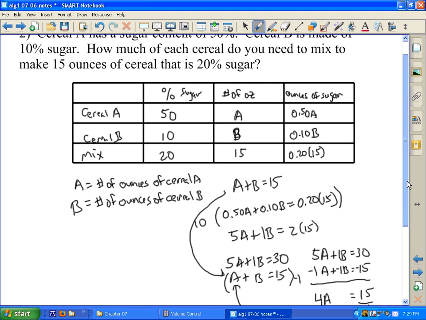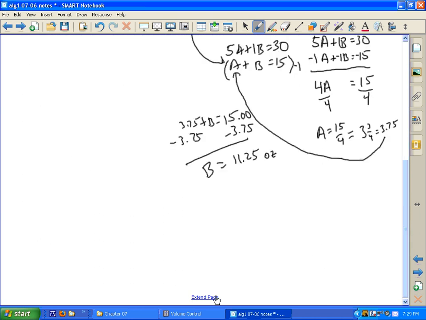You can always check your answers by taking those two values, plugging back into both of your original equations here, and making sure that they're true. So A equals 3.75, B equals 11.25.